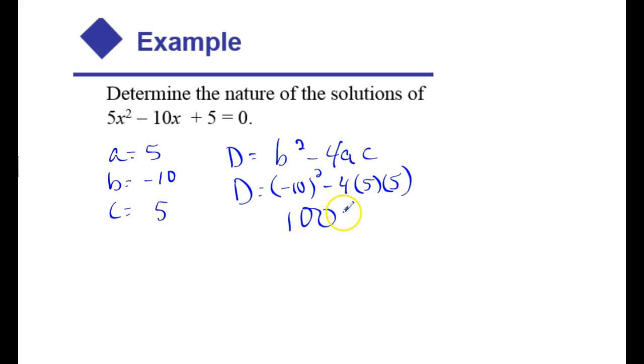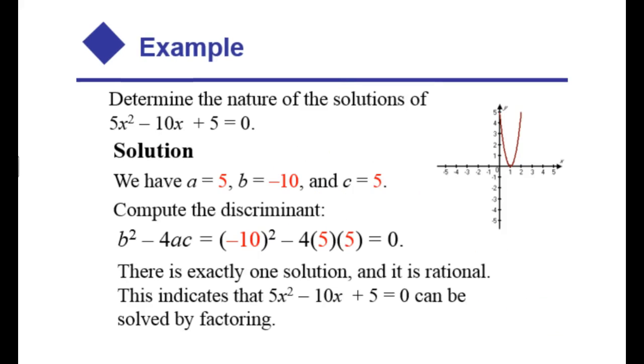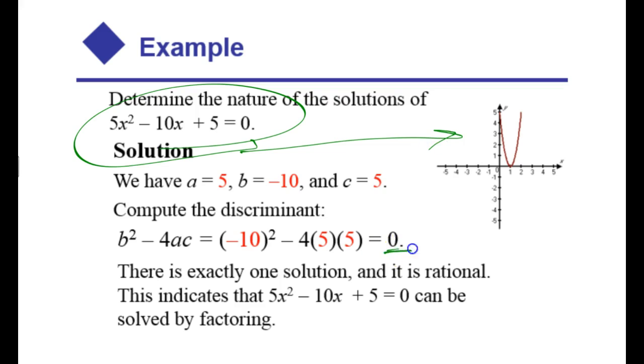In this case, we'll get 100 minus 100, which is 0. And so that means that the function has only one solution. So if the discriminant is 0, it only crosses once, so it's on the axis. You could graph this and check this on your graphing calculator, but if the discriminant is 0, there's only one solution.